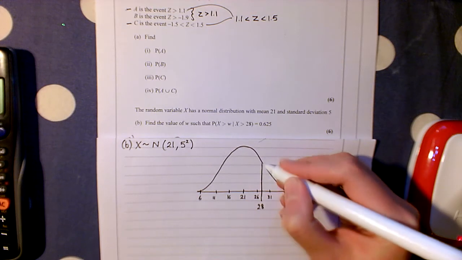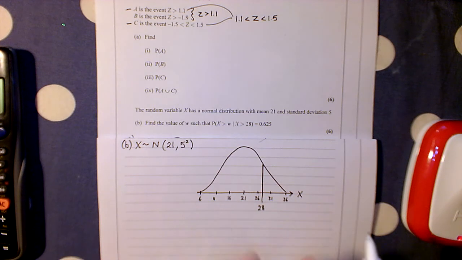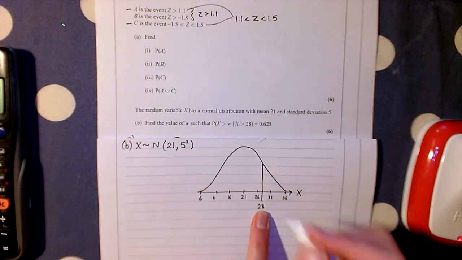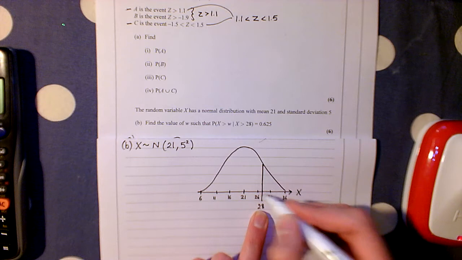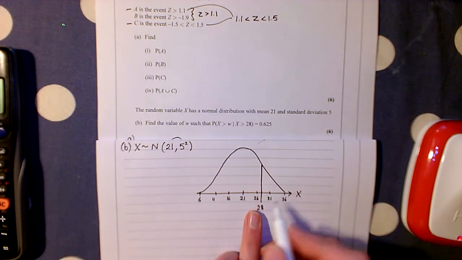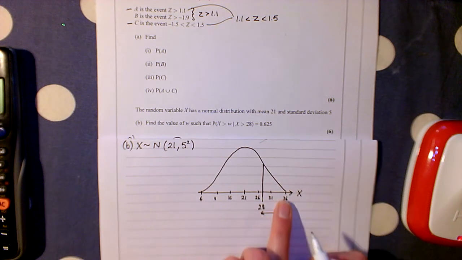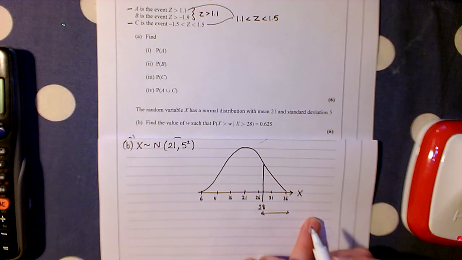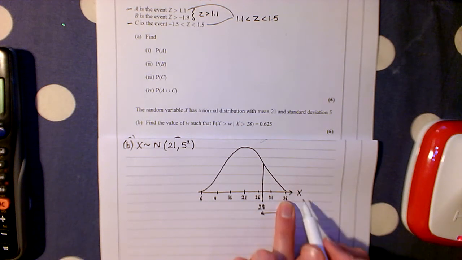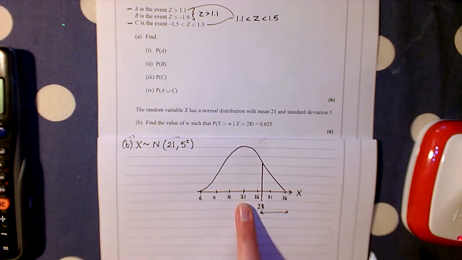Considering that the area is what tells you about the frequency of the different things that are happening and how many things are in each situation, if we're saying given that x is greater than 28, then we're narrowing ourselves down to being in that section. So when it says given x is greater than 28, they're saying given that we're somewhere in here, our value of x is somewhere in here between 28 and 36. Technically anything over 28, but realistically there'll be almost no value of x that's greater than 36. Almost all the data is within 3 standard deviations of the mean.